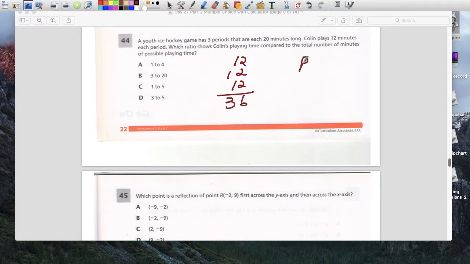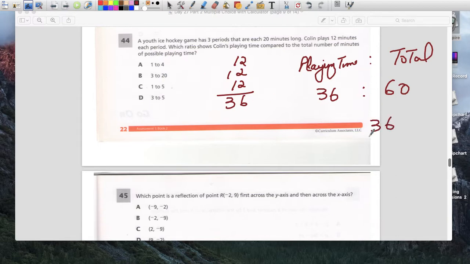So we're going to compare his playing time, which is 36, to the total amount of minutes. The total amount of minutes is 20 minutes for the first period, 20 for the second, 20 for the third. That gives us a total of 60. So the ratio is 36 to 60. Neither of them look like this, so we have to do some simplifying.